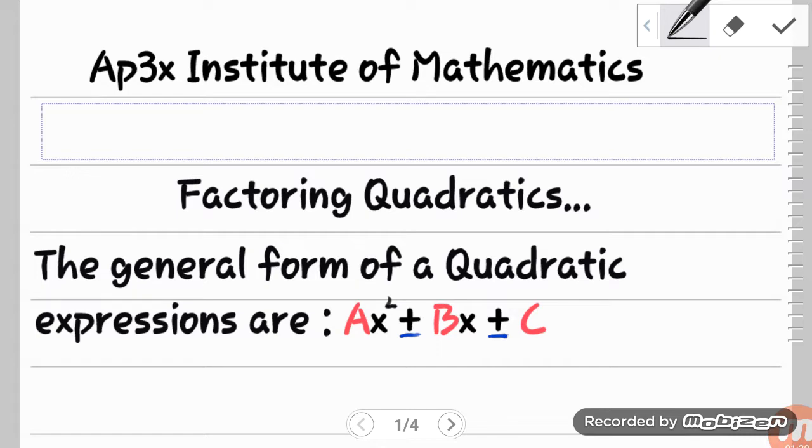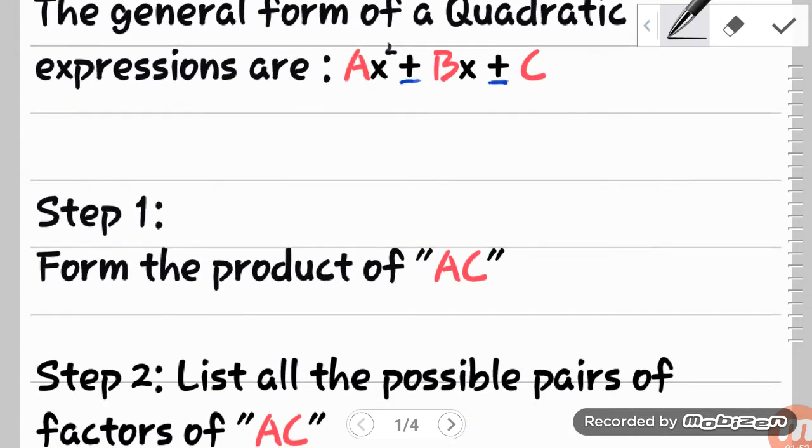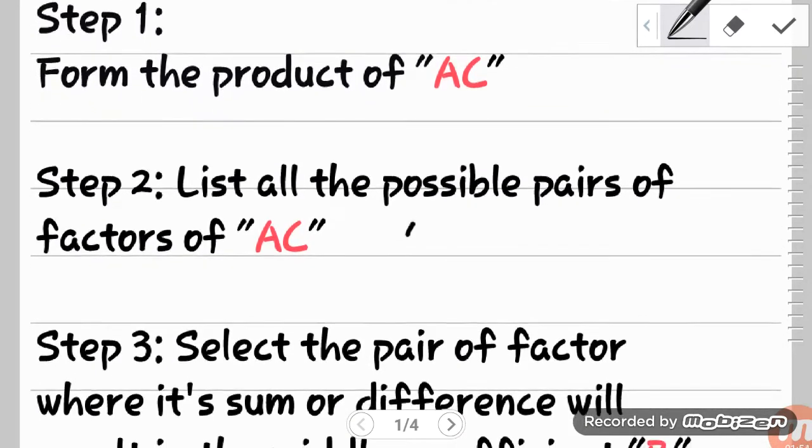Now as mentioned, this is factoring quadratics and we're going to be looking at applying the steps, but we're going to be taking it easy with a few basic examples. All the steps were discussed in the last video. As you can see here, step 1 is to find the product of AC.